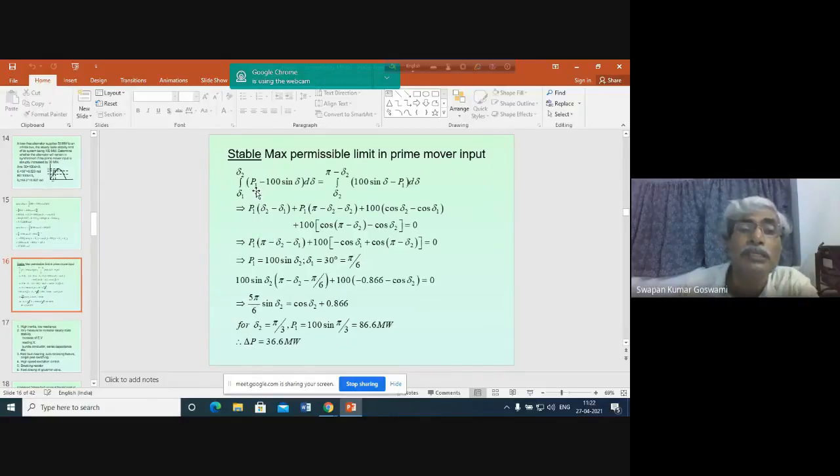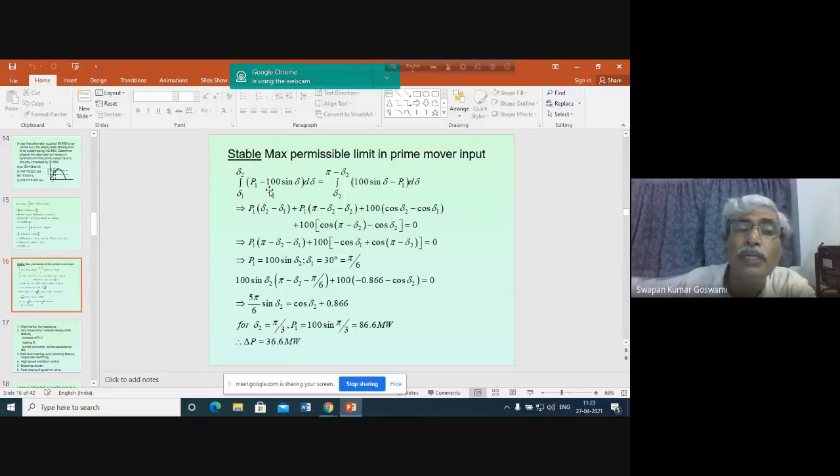So we assume that P1 is the new power input up to which the input power may be increased, and Pmax sine delta, where Pmax is the peak of the power angle curve. You see that we are calculating some accelerating area. Why is this an accelerating area? Because P1 is the new input.